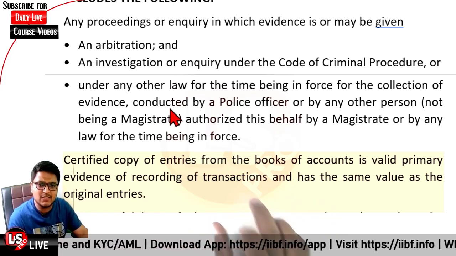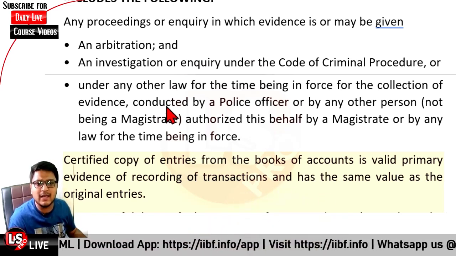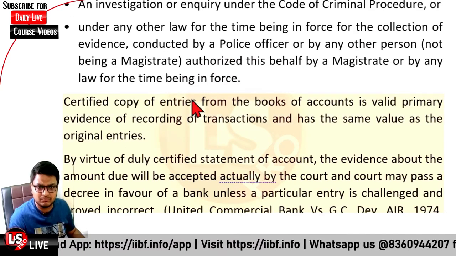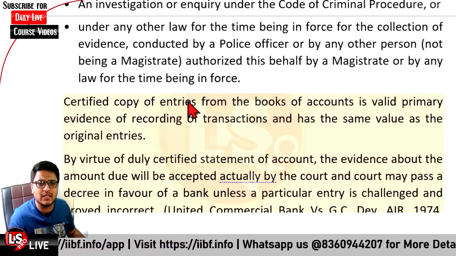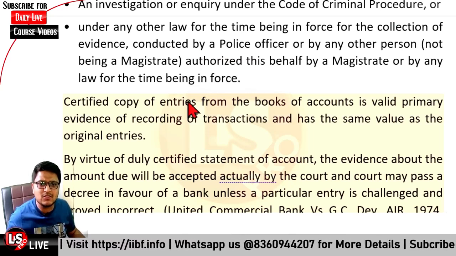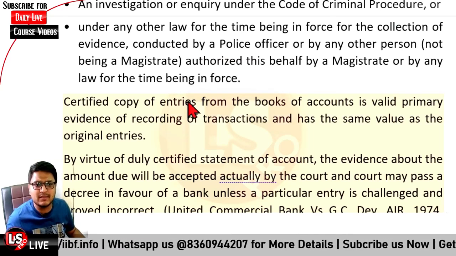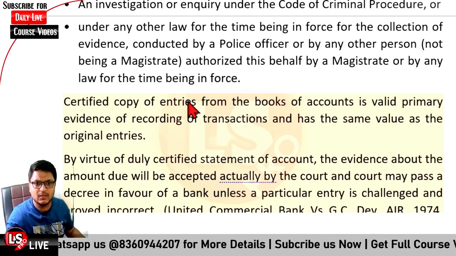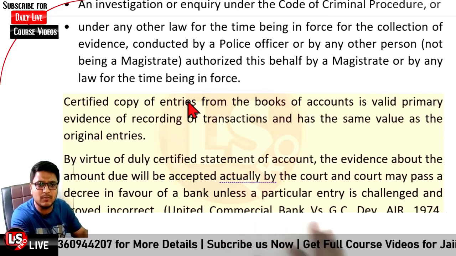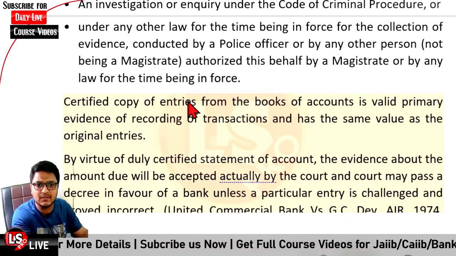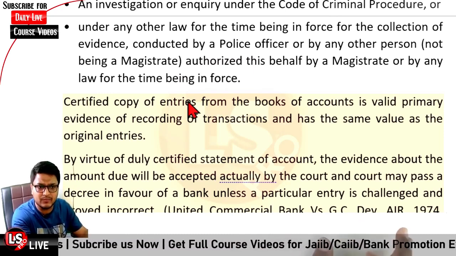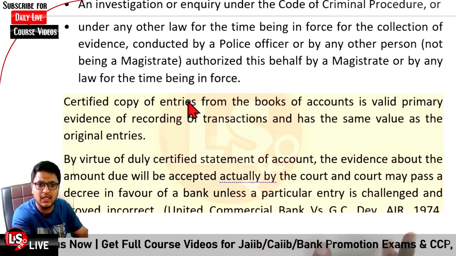It is as much worth as the original entries. Further, by virtue of a duly certified statement of account, the evidence of the amount due will be accepted by the court, and the court may pass a decree in favor of a bank.